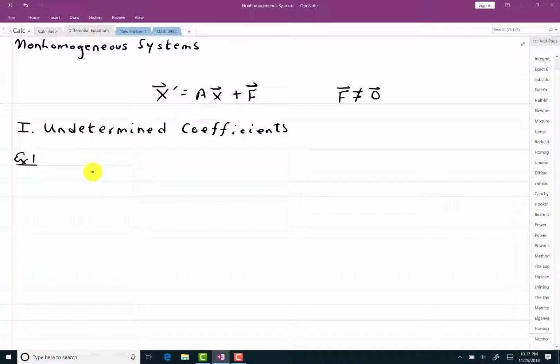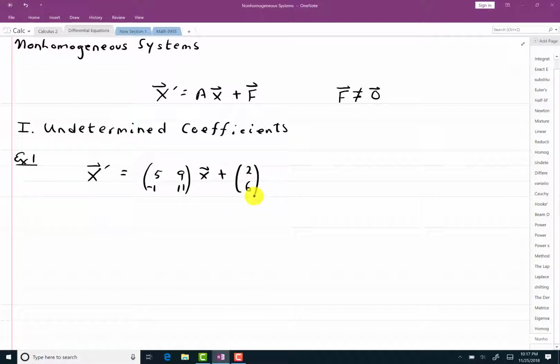For this example, let x arrow prime equal the matrix 5, 9, negative 1, 11, times x arrow plus the vector 2, 6.